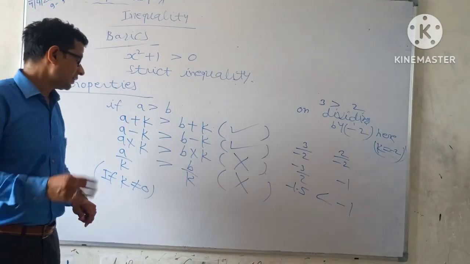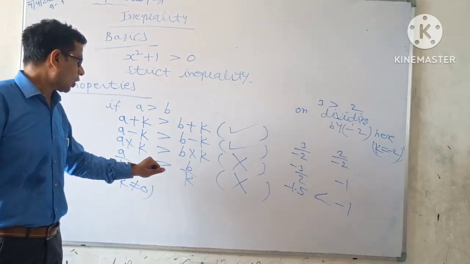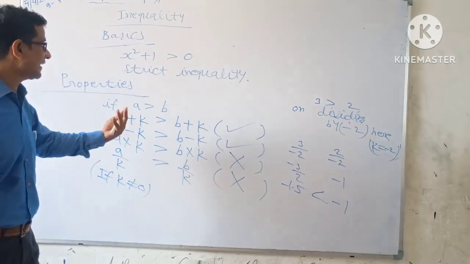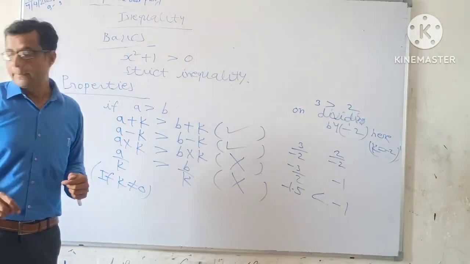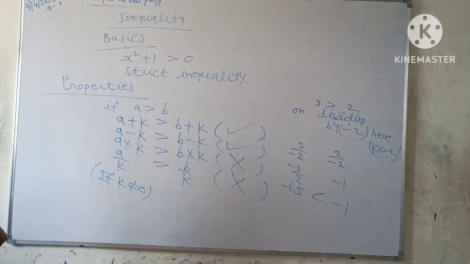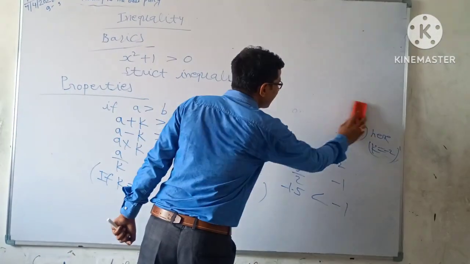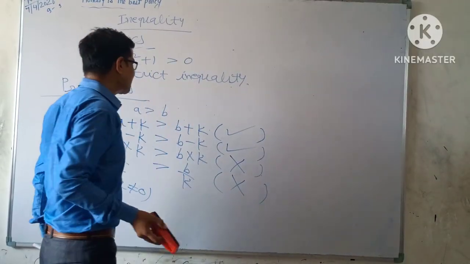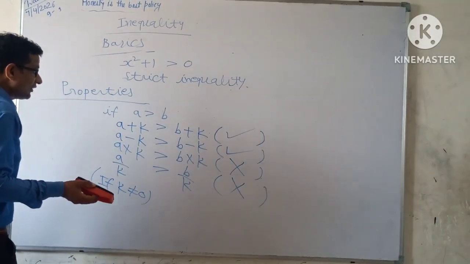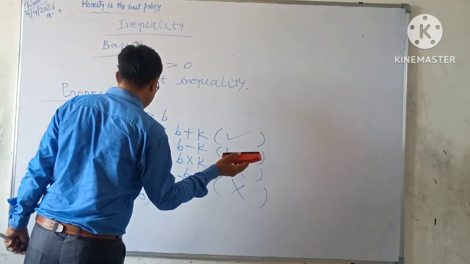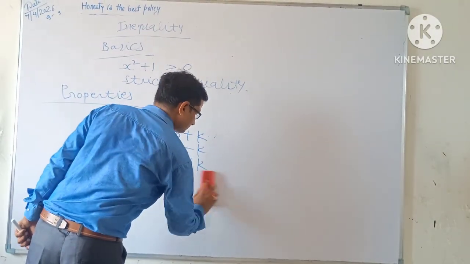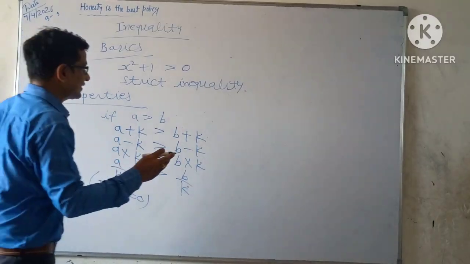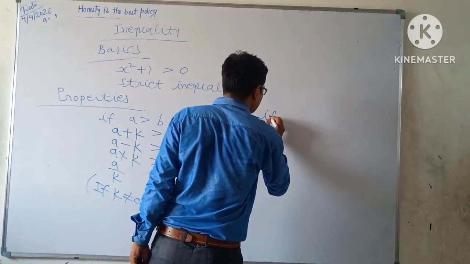Now, is it right to multiply or divide by K on both sides of the inequality if K is not unknown? Suppose K is known, and we know that K is positive.